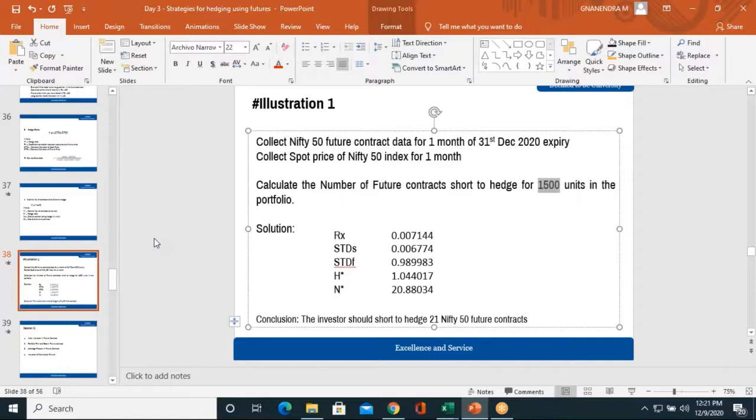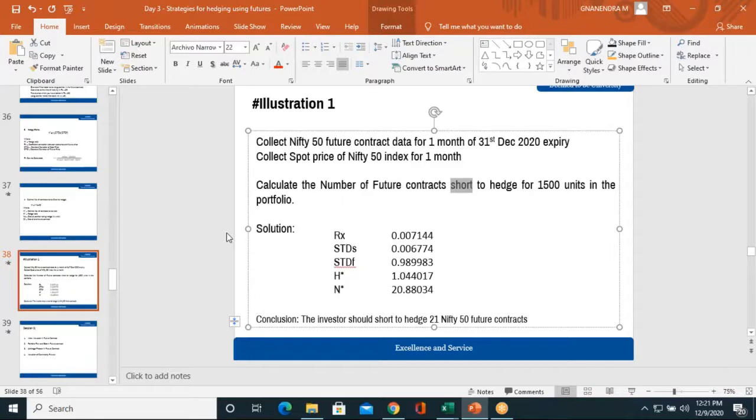When I fear that the prices will fall, then I have to take the opposite position, shorting such a portfolio. If you short, you can offset the losses that you are going to incur in the existing portfolio. So in that case, you can go for a short position.